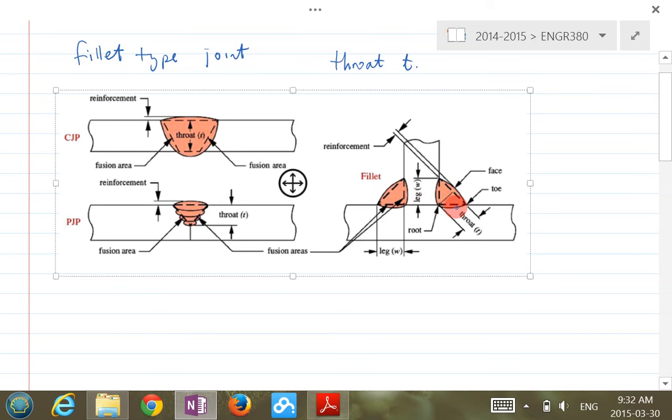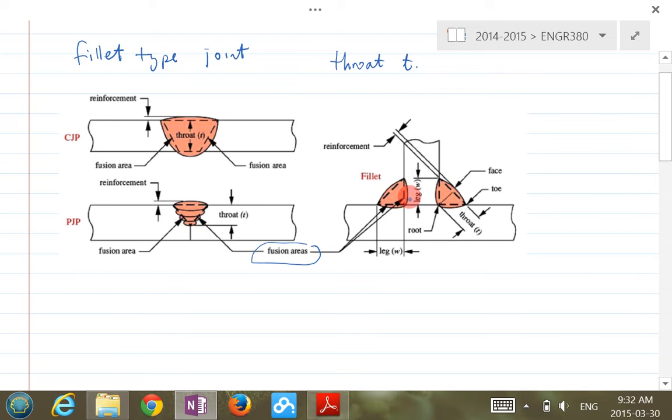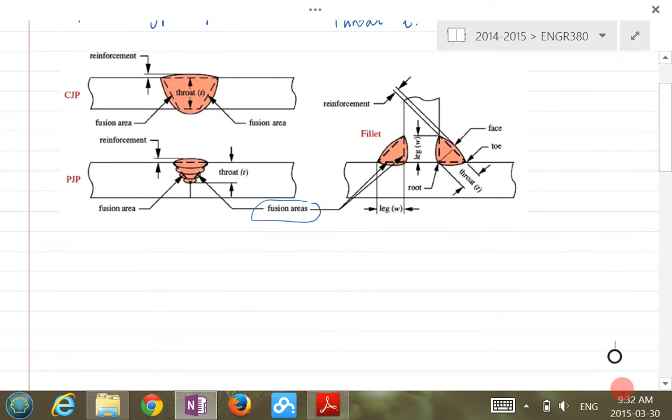The other important parameter is the fusion area. The fusion area refers to the attachment area between the fillet and the base metal. For this one here, the fillet is a triangle.